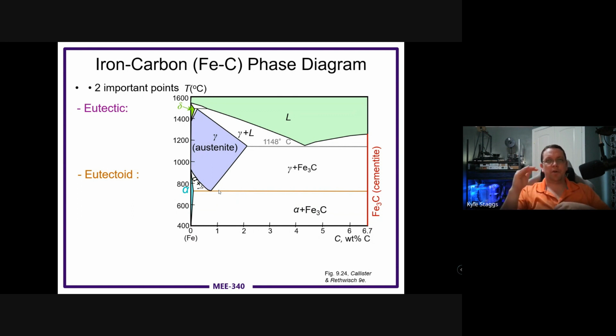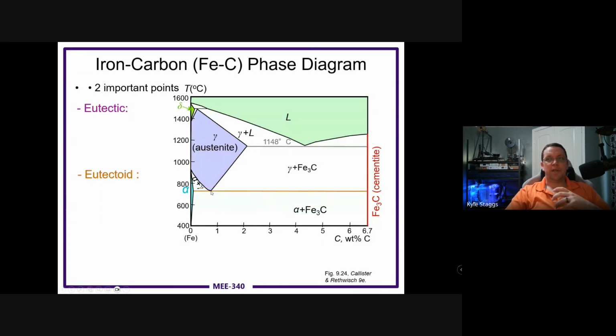1100 range, we don't have to go quite that high to start reaching some of the differences. You'll see that actually somewhere around that 800 range, because we're passing this eutectoid point. So this is that melting temperature at which we start to see an actual phase transition, right? Versus the eutectic point, which is here.